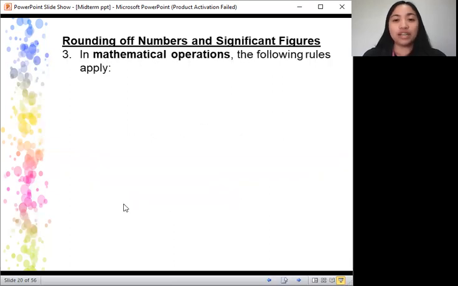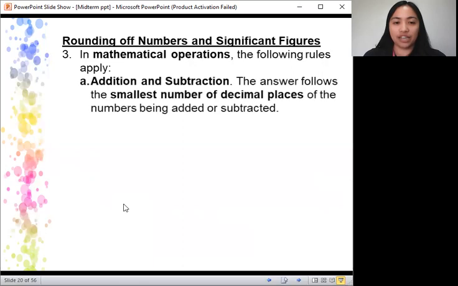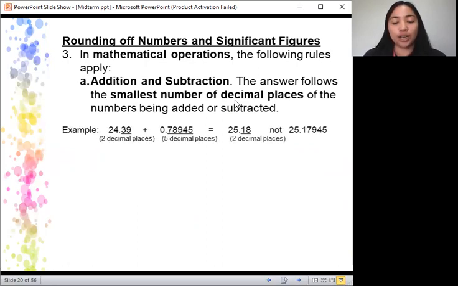So, in mathematical operations, for the significant figures, the following rules apply. First is for addition and subtraction. The definition is that the answer follows the smallest number of decimal places of the numbers being added or subtracted. So, for example, the first value has 2 decimal places while the second value has 5 decimal places.